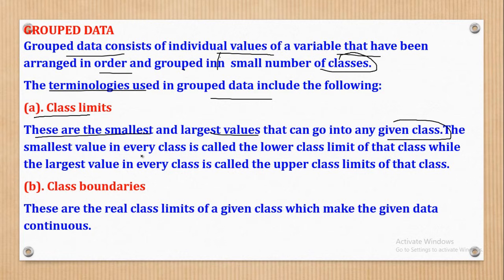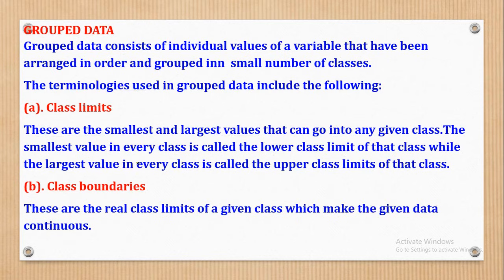The smallest value in every class is called the lower class limit. So we shall be using lower class limit. When I say lower class limit, it means the smallest value in every class. What about the upper class limit? Upper class limit is the largest value in every class. Okay, that is one term.